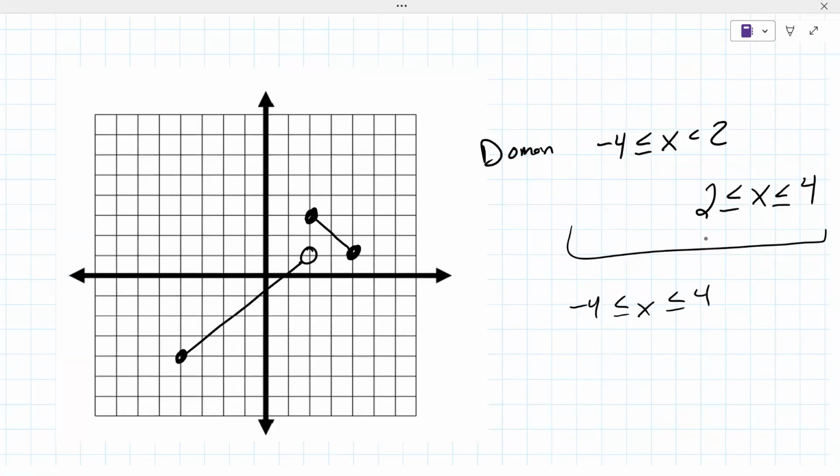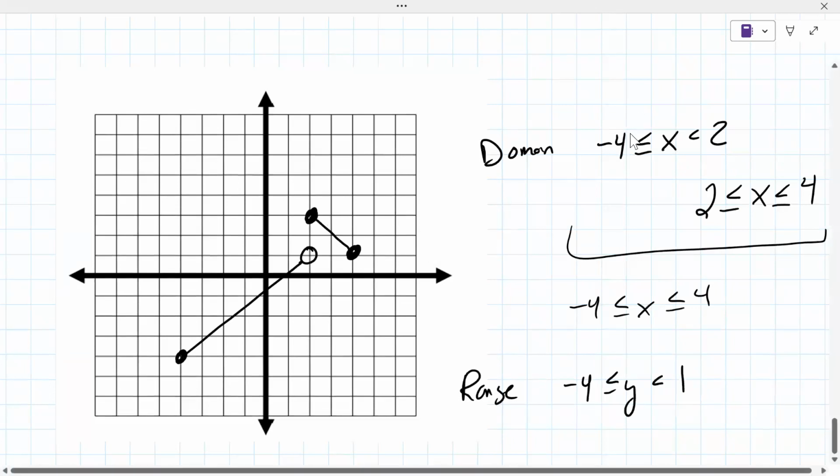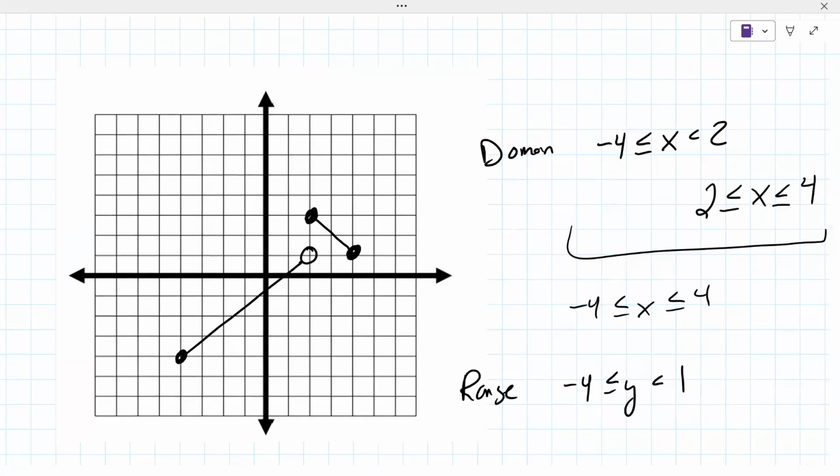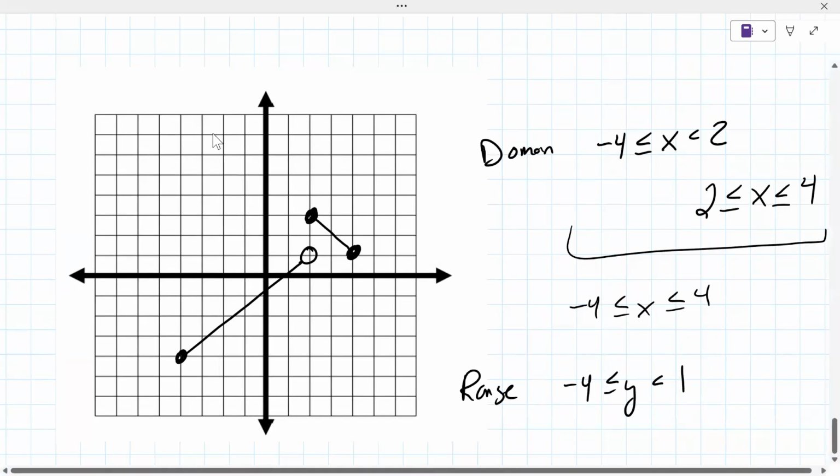Okay. I'm pausing just to see if there's any disconnect, uncertainty. All right, so the range is -4 less than or equal to y less than 1. But then what's going on with this other piece?